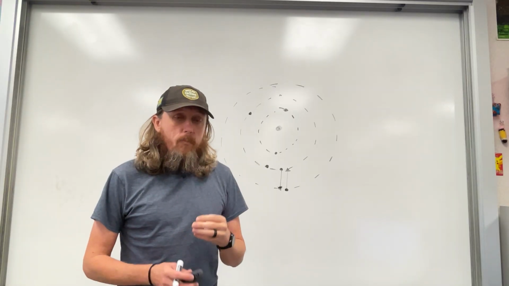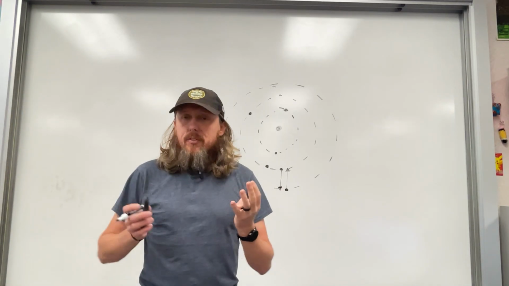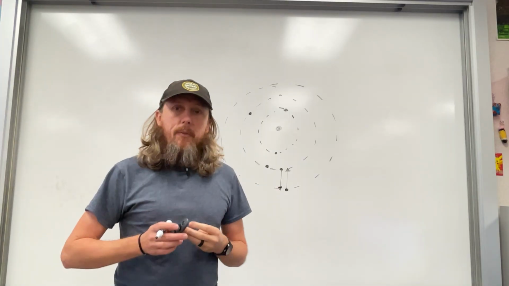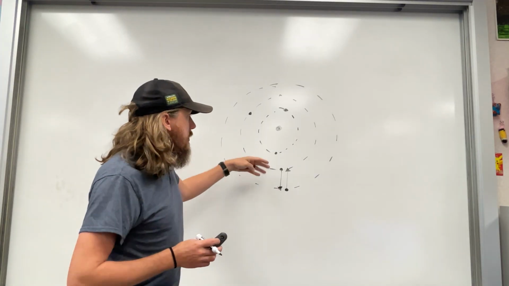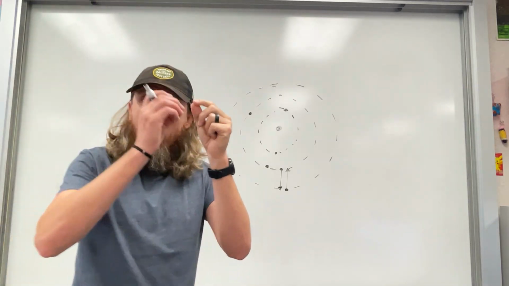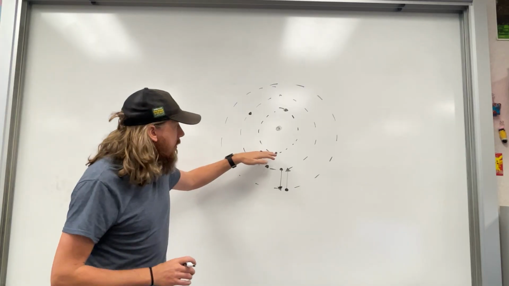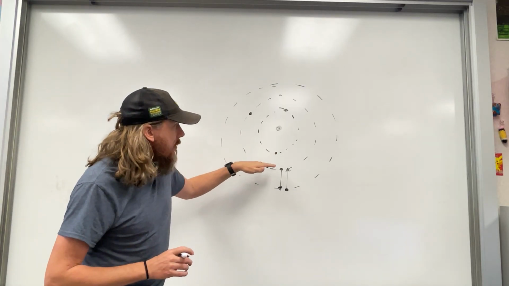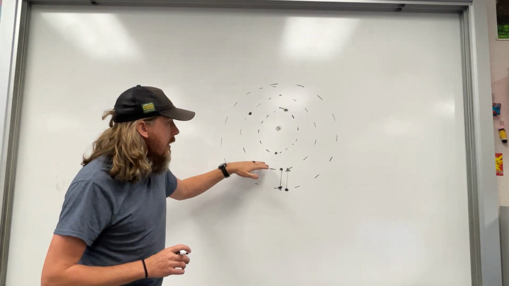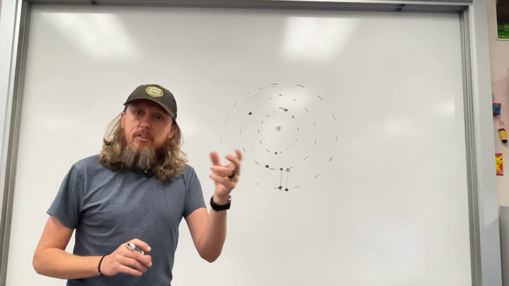So if we look at different elements, different things that are out there, we notice that those electrons are in different spots. They're in different shells. And as they go from one energy level to the next, or one shell to the next, and bounce back, there are different amounts of energy associated with that.